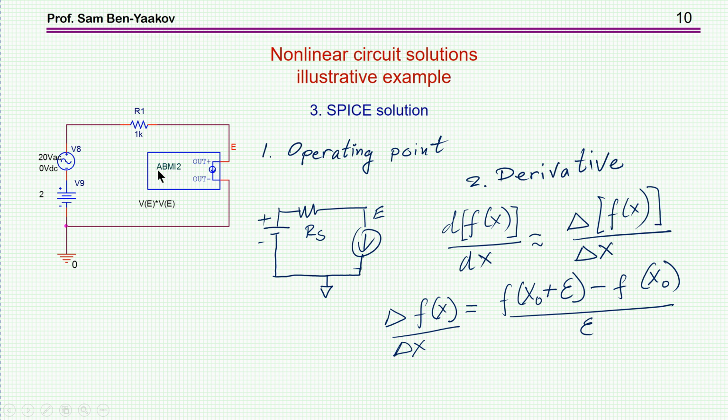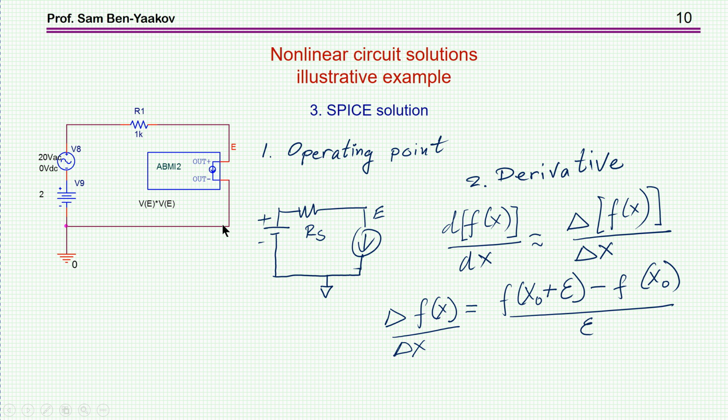So this is an ABM with the current source at the output, ABMI, analog behavioral model, which has here an expression which defines the value of this current. So this current is equal to VE times VE, VE squared, VE being the voltage here in reference to ground. This point is ground. So the first thing would be to find the operating point.